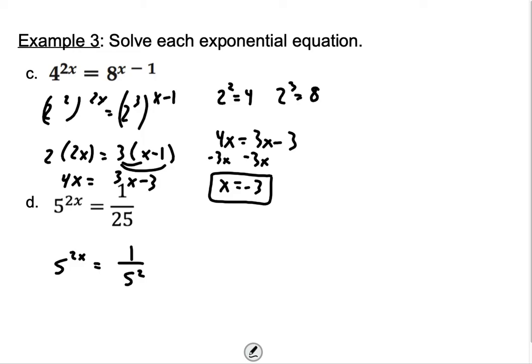To move it to the inverse side, we have to change the sign of the power, so the power has to be negative. We can flip it up and make it a negative 2. So now the 5's can go away, and we can say 2x equals negative 2. And then just solve that for x. So divide both sides by 2.